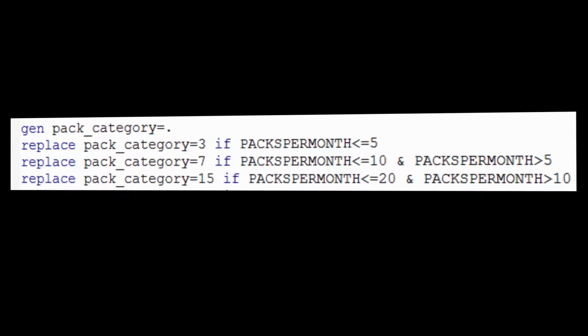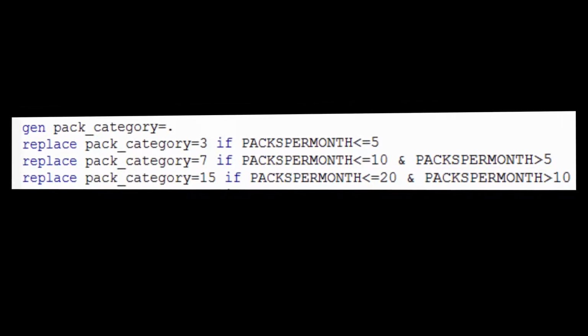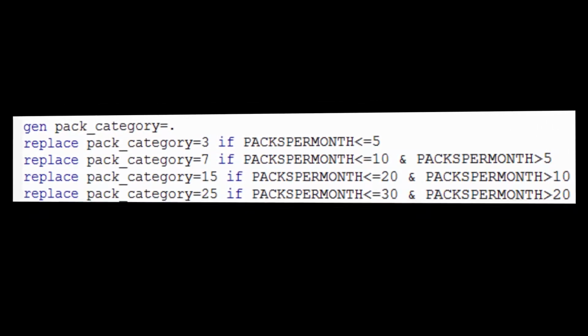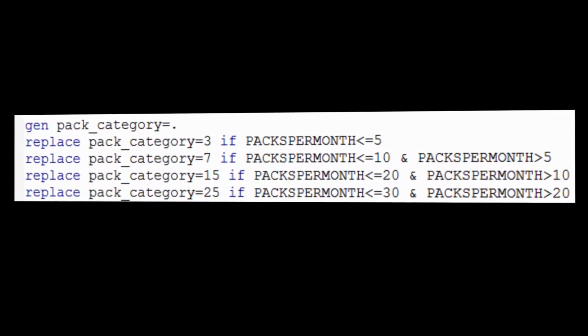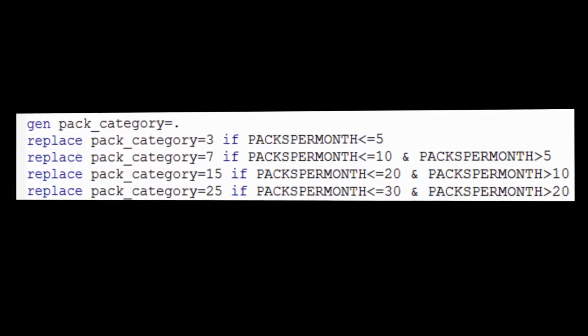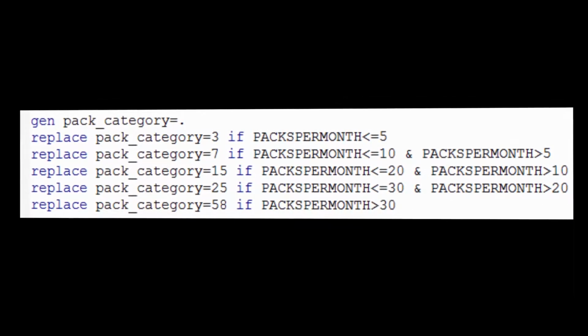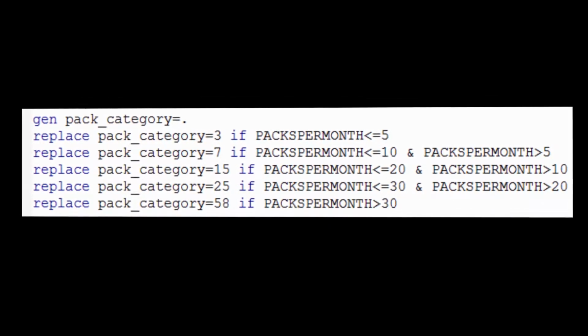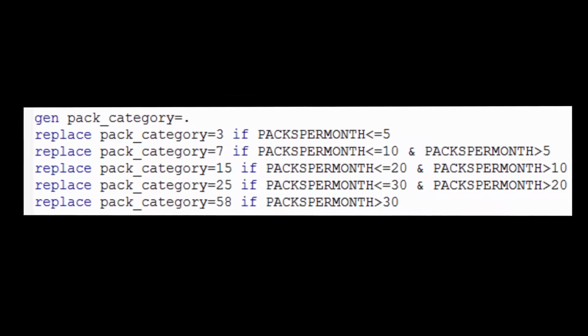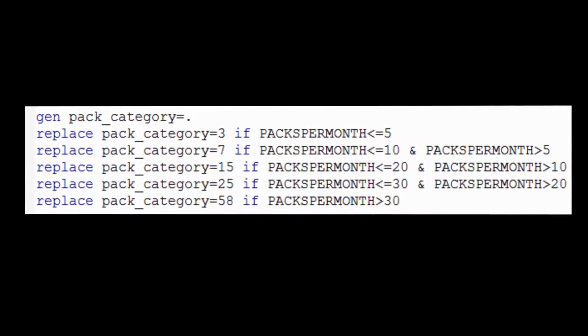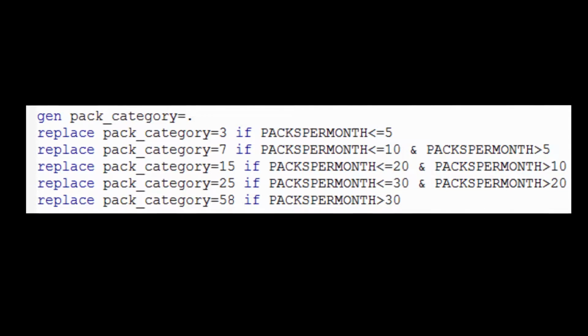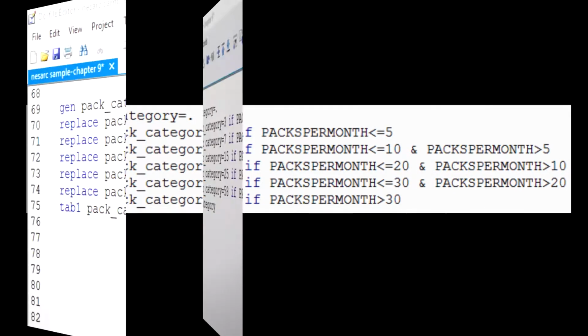Pack category equals 15 if packs per month is less than or equal to 20 and greater than 10. Pack category equals 25 if packs per month is less than or equal to 30 and greater than 20. And finally, pack category equals 58 if packs per month is greater than 30. Again, 58, if we examine our frequency distribution, is roughly the quantitative midpoint.